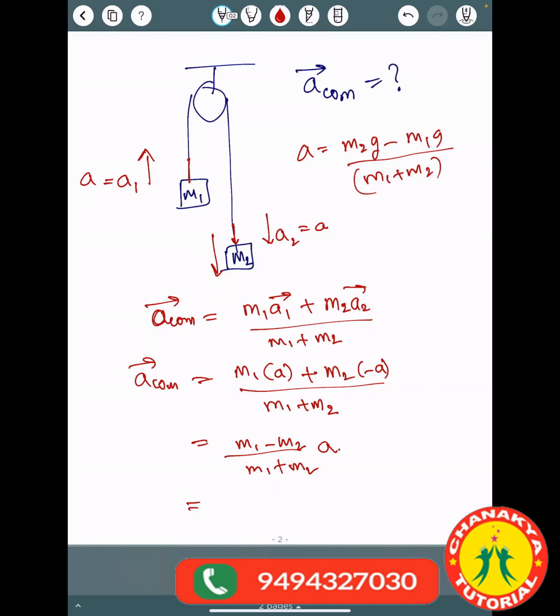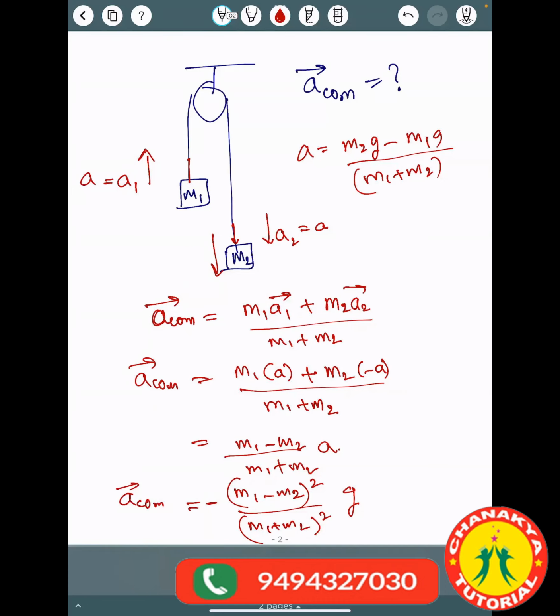So it will be (m1 minus m2) whole squared divided by (m1 plus m2) whole squared times g, but you can see there is a minus sign, because it is m2 minus m1 there, and here it was m1 minus m2. So this is your acceleration of center of mass.